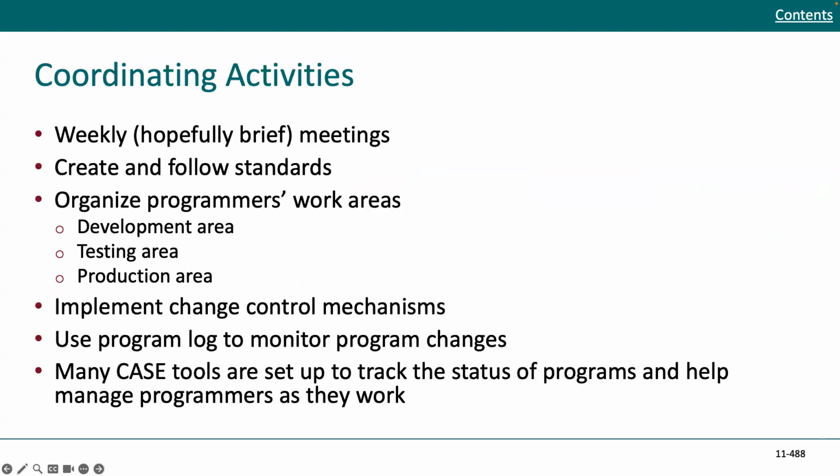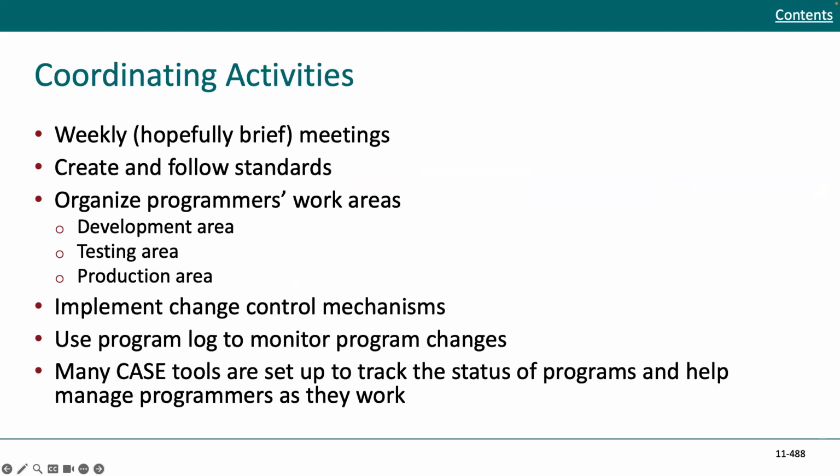So in terms of coordination, here are the things that you can be looking at. You can have weekly meetings. The goal would be having them brief. You want to create and follow standards. You want to organize programmers' work areas. So you have a development area, a testing area, and a production area. There's a focus that's different for each one.